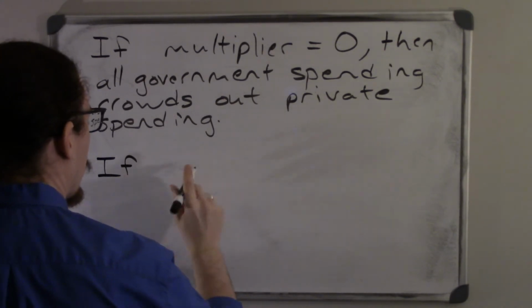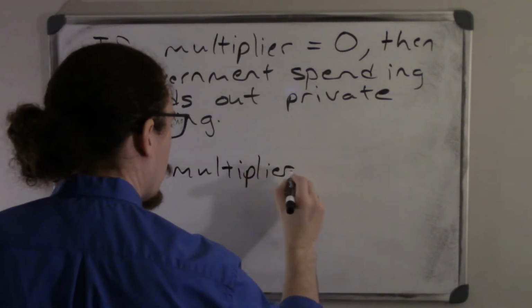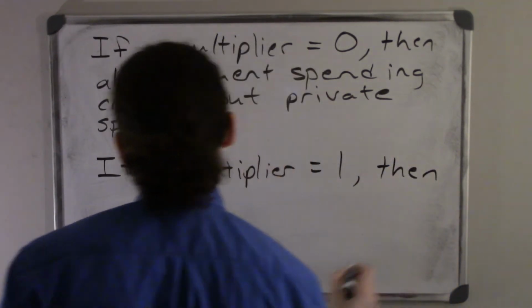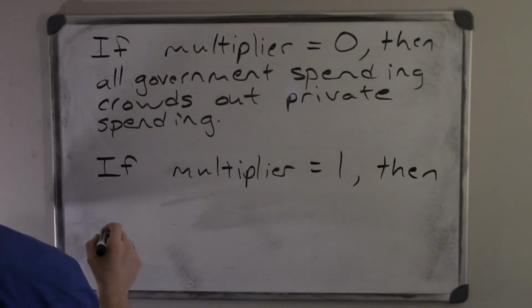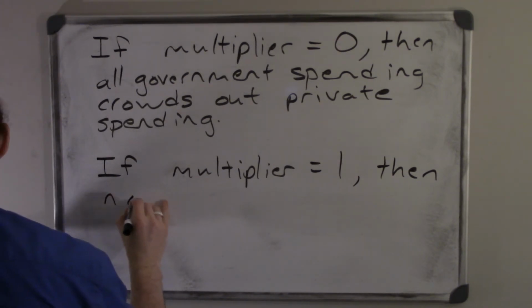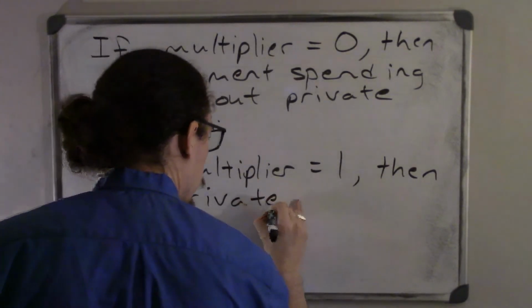Then if the multiplier equals 1, then no private spending is crowded out.